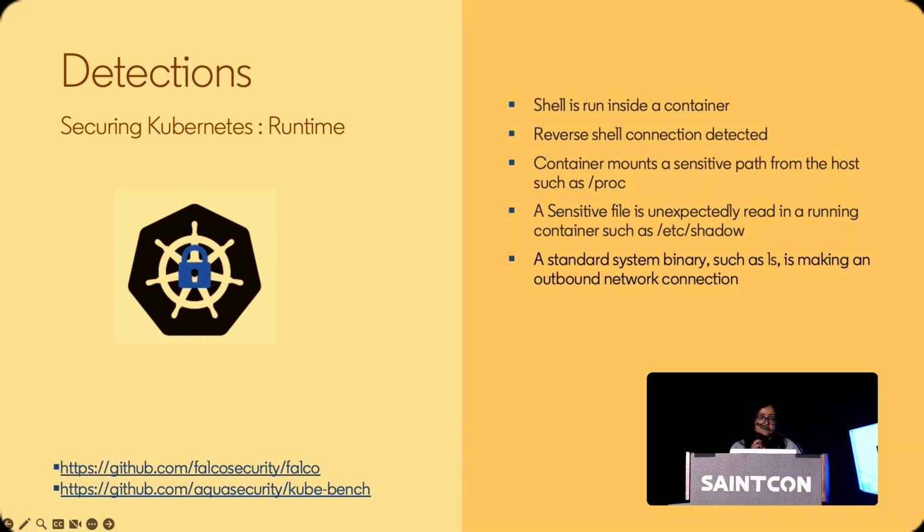A standard system binary like ls has no business need whatsoever to make an egress or outbound network connection. If you see such behavior, that points to an anomaly, right? And as we saw in one of our attack scenarios, the cryptocurrency miner was named Nginx, right? So attackers, more often than not, would try to fly under the radar by piggybacking on system binaries.